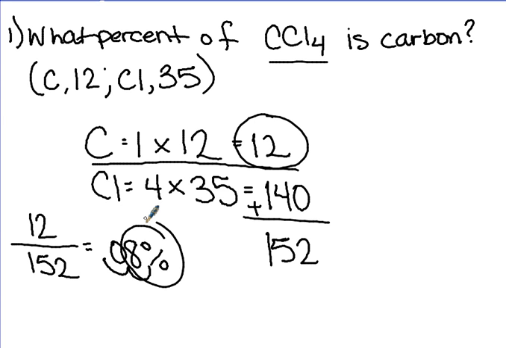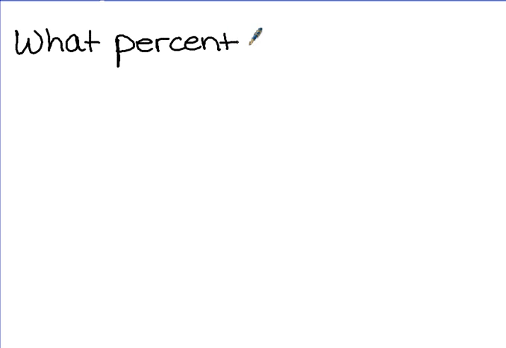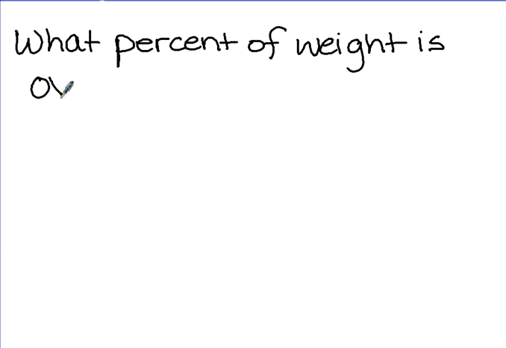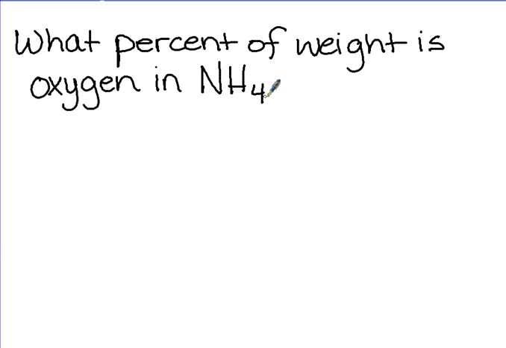I'm going to write another problem up here, and I want you to go ahead and try it tomorrow. We will look at it. So what percent of weight is oxygen in NH4NO3?